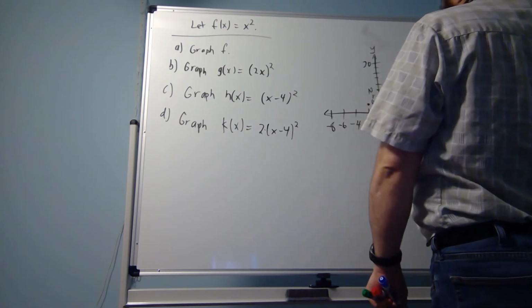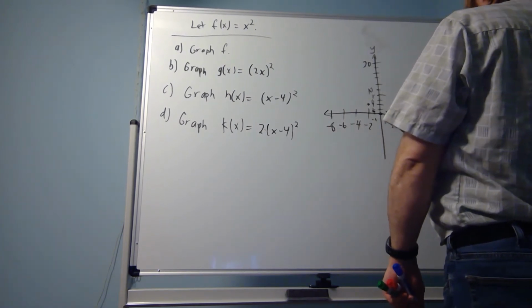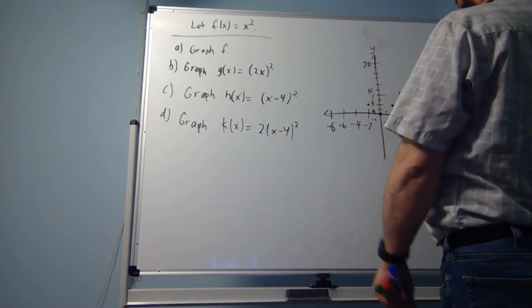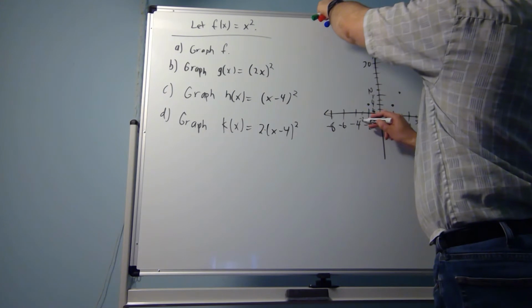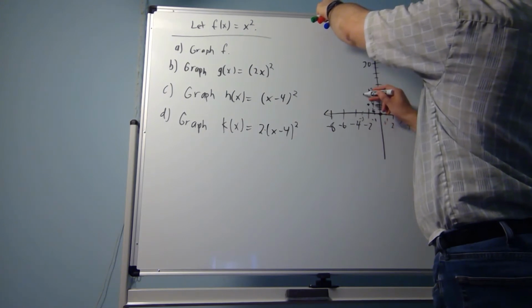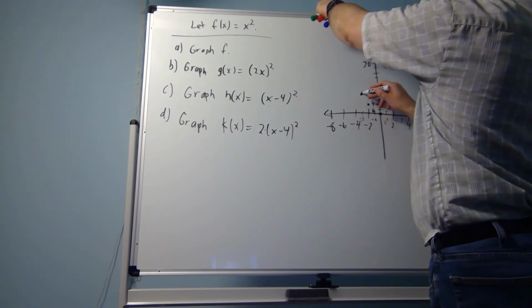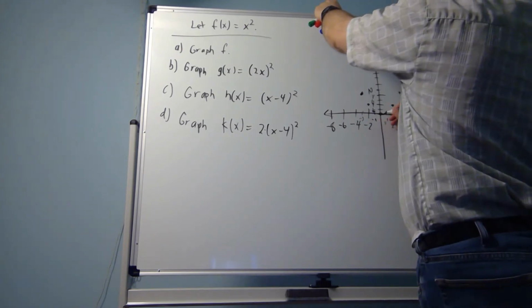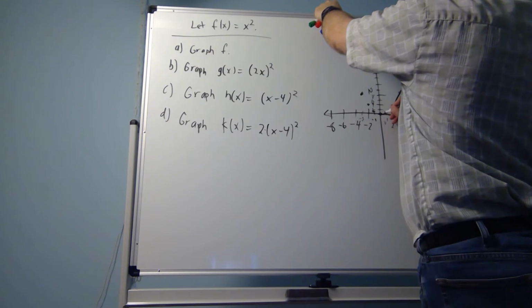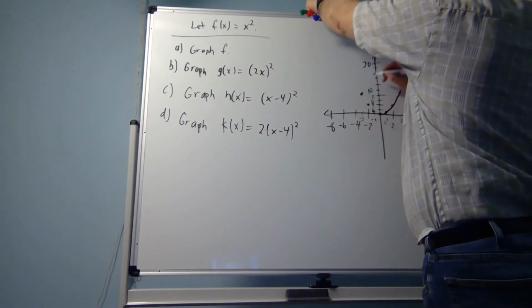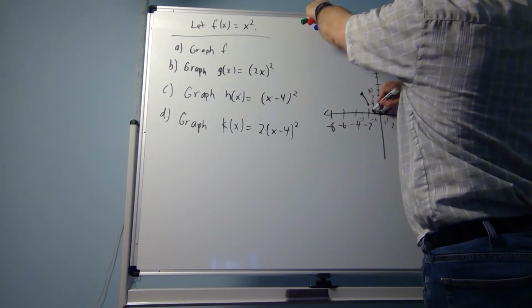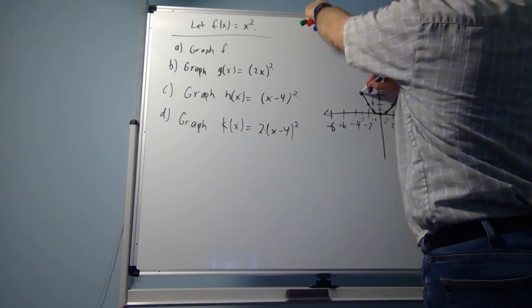Plug in 3, and we'll get 9, which is right up here. Plug in minus 3, and again we'll get positive 9. Well, we're sort of combining this with some of the other stuff we already learned about.